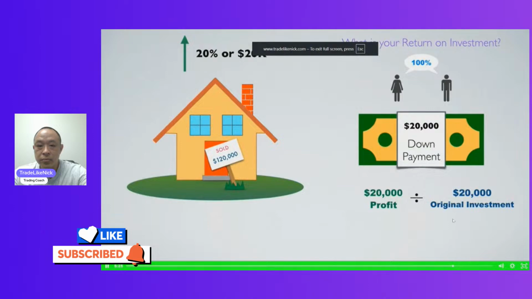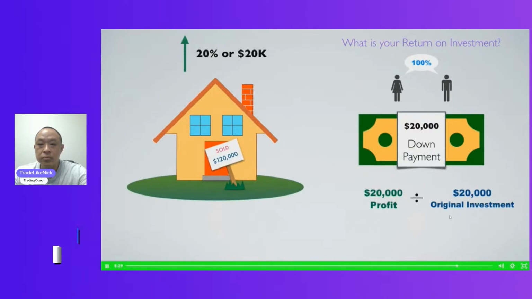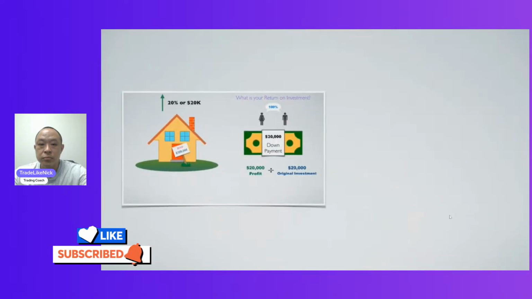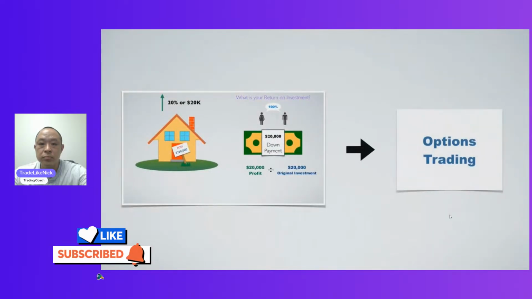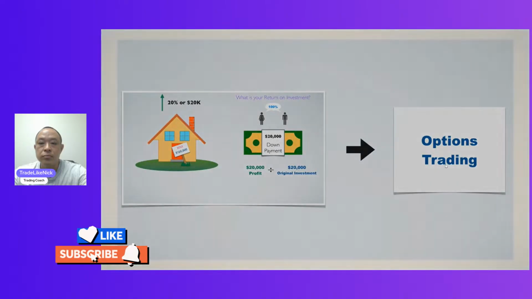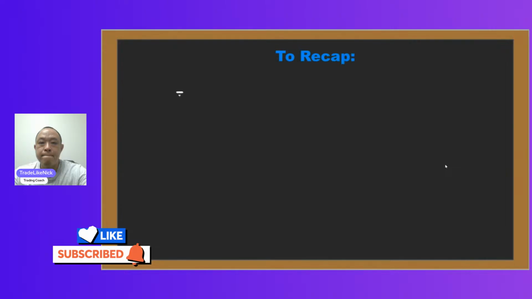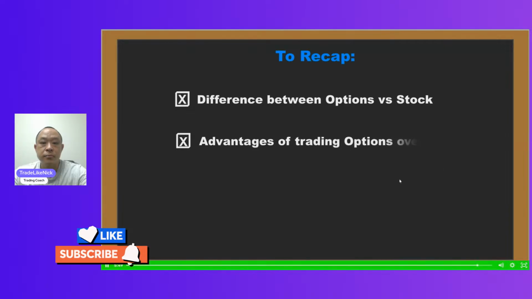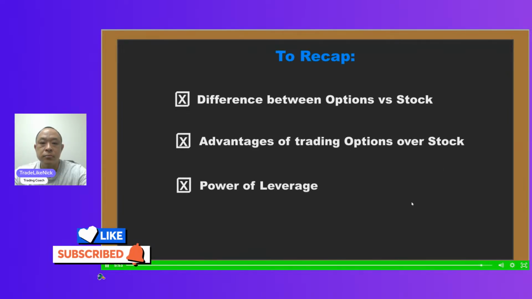As you can see, using leverage magnifies your returns by allowing you to control a large asset for a fraction of the cost. You can use this power of leverage when trading options, but you'll learn more about this in more detail in the videos to come. So to recap, you learned the difference between options versus stock, you learned all the advantages of trading options over stocks, and you also learned the power of leverage.